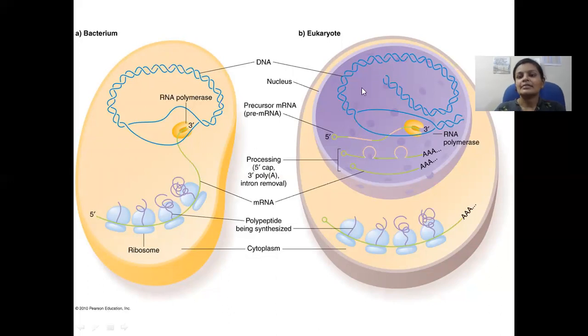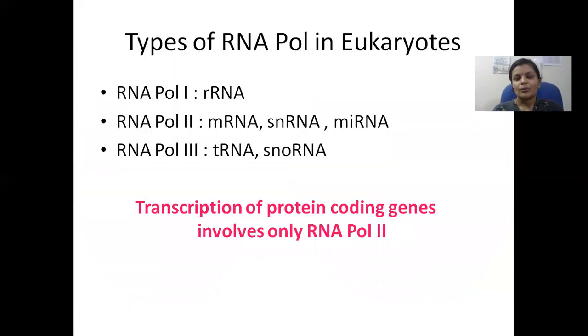So these are the fundamental differences which lie between the transcription process of a bacterium and a eukaryote. We will go into the details of the initiation, elongation, and termination process of transcription in a eukaryotic system in the upcoming videos. Thank you.